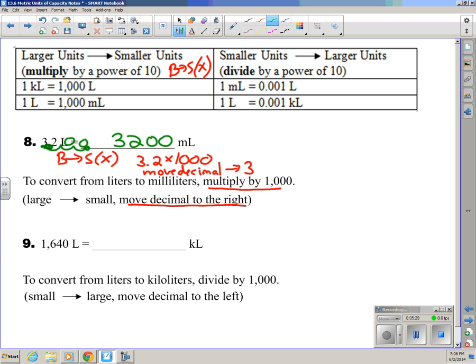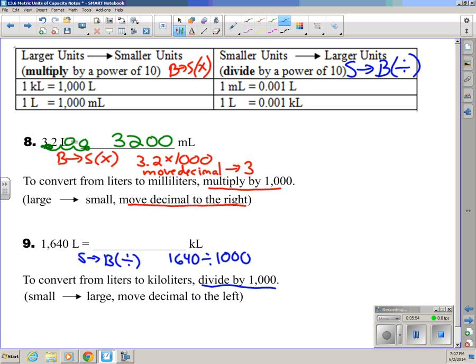The next one, number 9, is going the other way. If you go from small to big, you know you need to divide. So if I'm going from 1,640 liters to kiloliters, I'm going from a smaller unit to a bigger unit, which means I need to divide. I need to take 1,640 and divide it by 1,000.